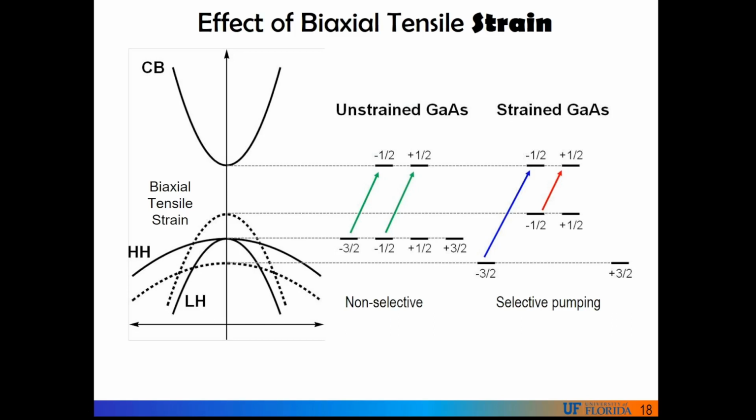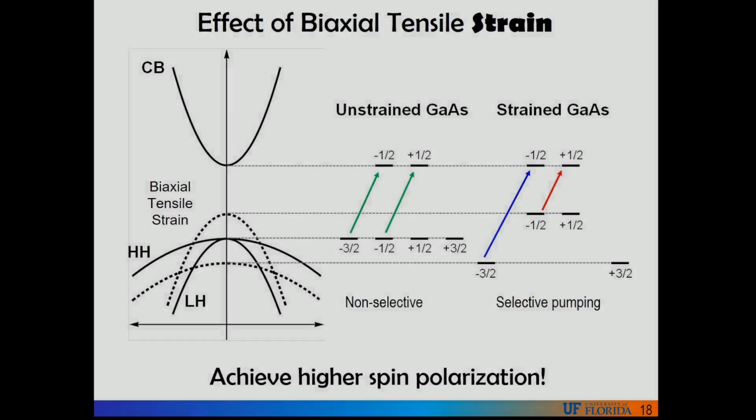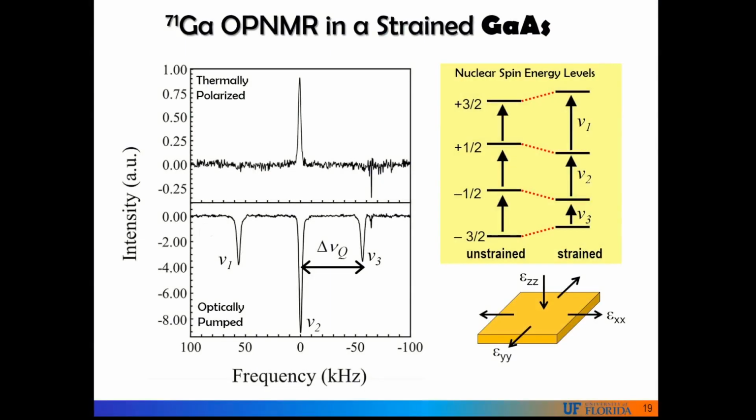What that does is allow for state-selective optical pumping, which, now that we don't have any transitions into the spin-down state, allows us to achieve, in principle, up to 100% electron spin polarization. This could be quite significant for spin quantum computing, where we need to initialize the system in a very high polarization state in ensemble quantum computing. So that's another motivation.